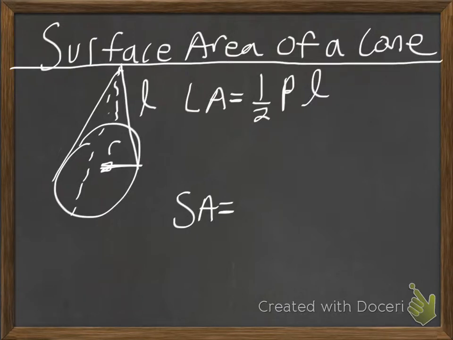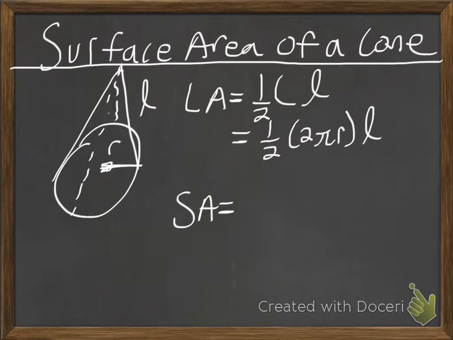And so what we know for a circle is that our perimeter is not called perimeter, it is called circumference. Circumference of a circle has a couple different formulas, but I'm going to use the one we're probably more familiar with, 2 pi r. So 2 times the radius times pi. Of course, the other one is pi d, and they mean the same thing. We know d, the diameter, is equal to 2 times the radius.